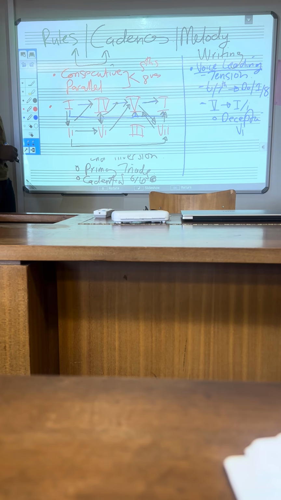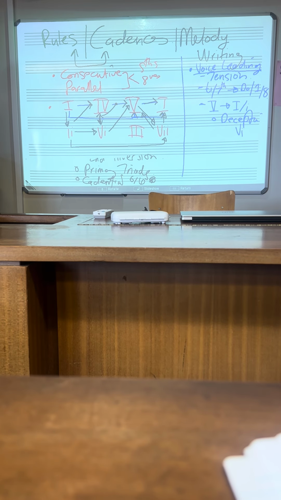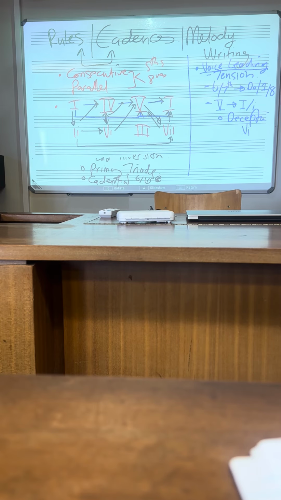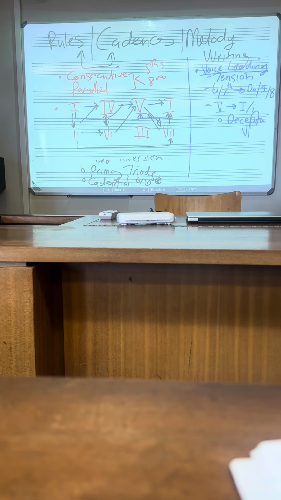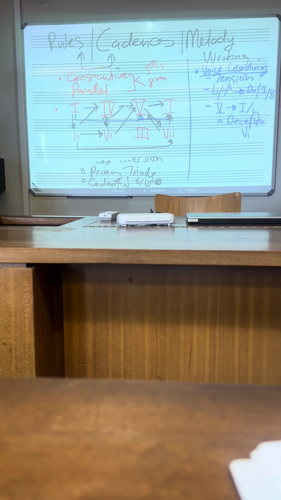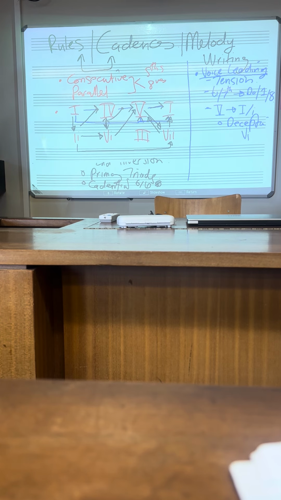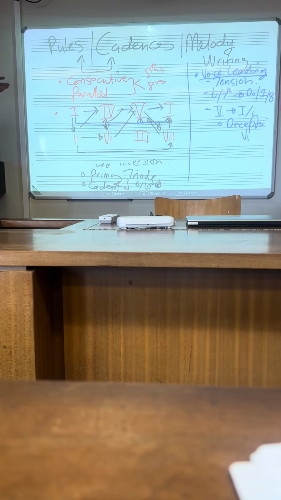Okay, are there any questions? So this is sort of a form. If you use any of those methods, you'll always be right and get your marks, no matter how beautiful it sounds. Basically, this is the music theory developed in the Baroque era. All of this was created at that time, and these are the laws that they used. I don't agree with it; if someone plays by these rules, it doesn't always sound good.